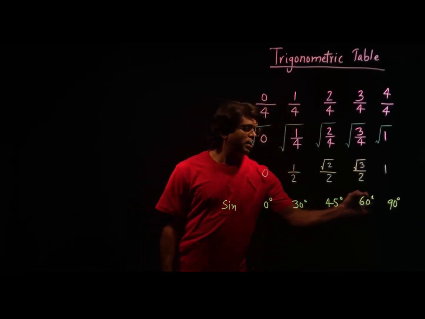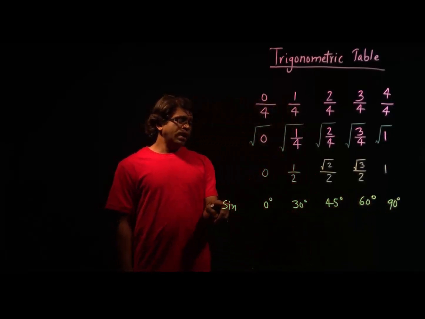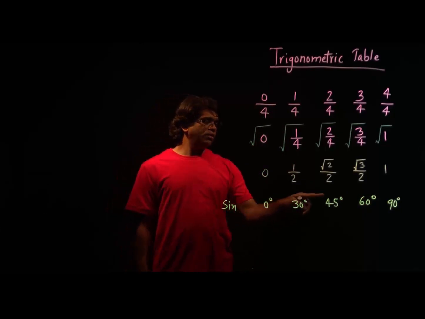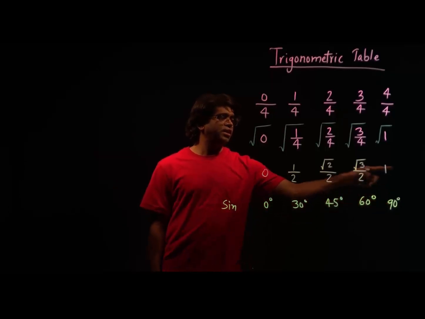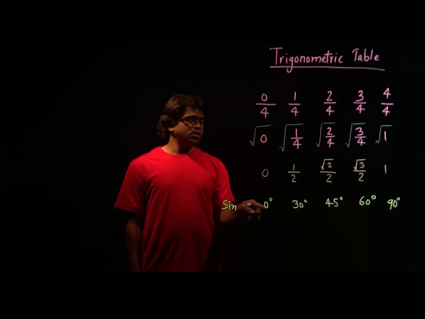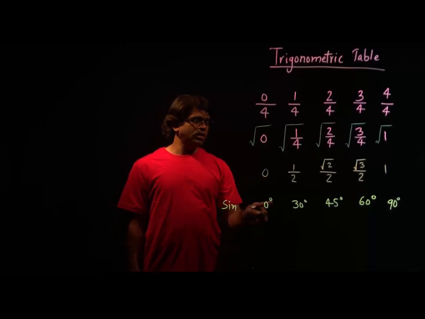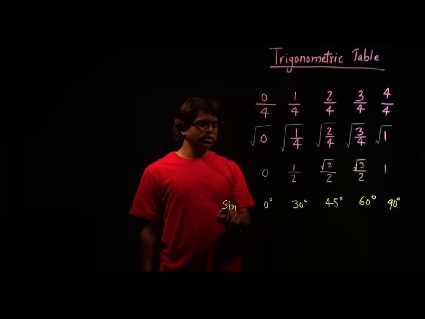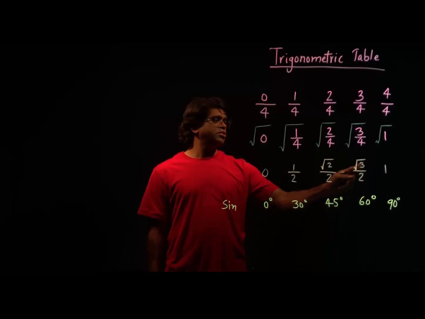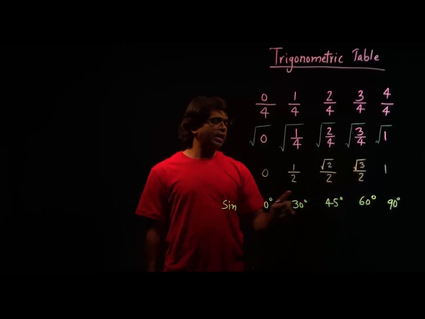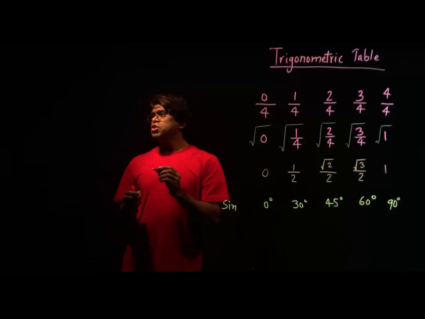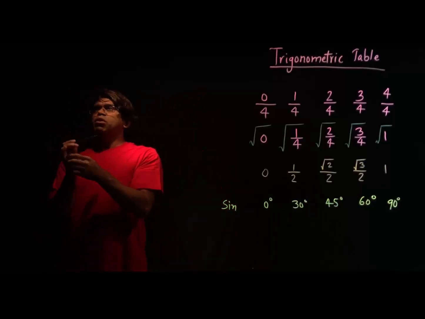So basically, you can see the values of sine 0 degrees, 30, 45 degrees, 60 degrees, and 90 degrees right there. The way I will read it is: sine 0 degrees is 0, sine 30 degrees is 1 over 2, sine 45 degrees is root 2 over 2, sine 60 degrees is root 3 over 2, and sine 90 degrees is 1. Then I'm going to create a table over here.